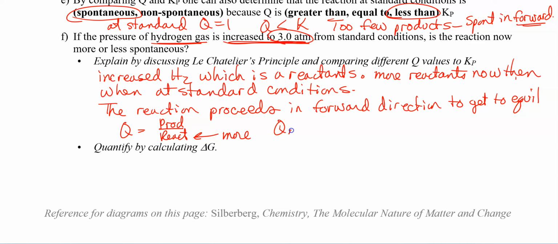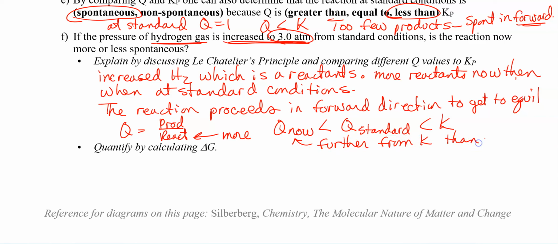So Q is now even less than the Q at standard, and that Q at standard was even less than the K. So we have to get all the way to the K. So you're further from K than at standard conditions. Okay. So we should be able to do more work.